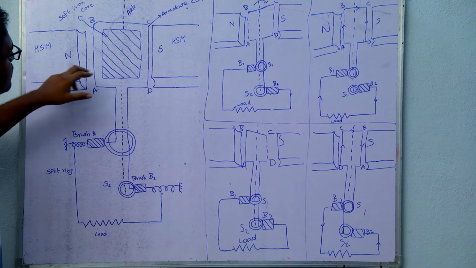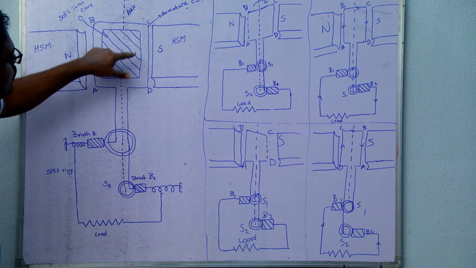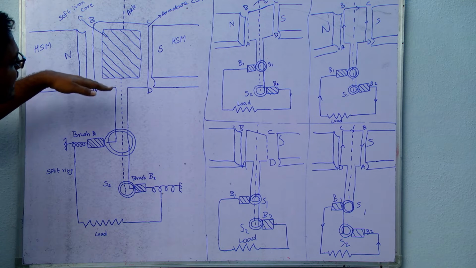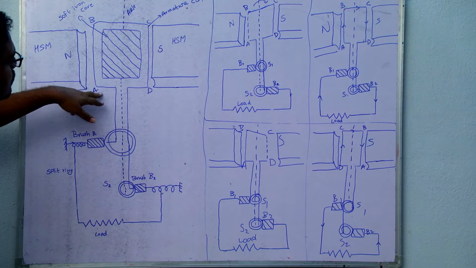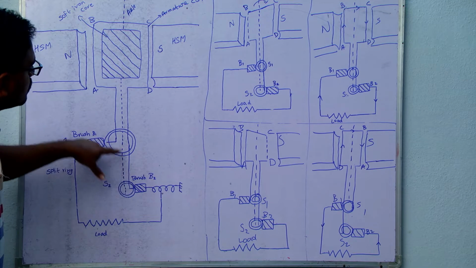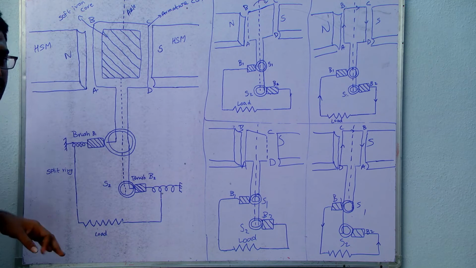Because of that rotation, the flux linked with this coil changes, producing a change in magnetic flux, so an EMF is induced across the ends of this conductor, and so current flows through it. In this way, current is generated in the AC generator.